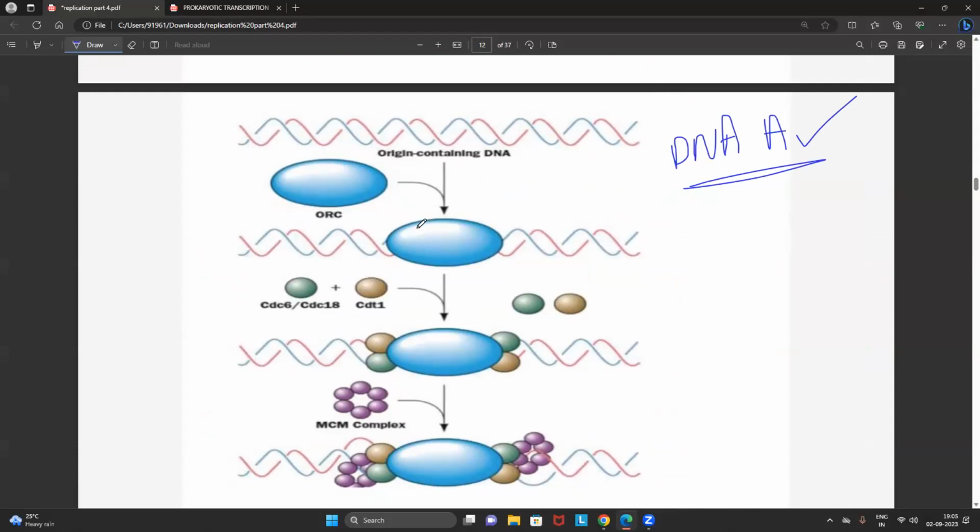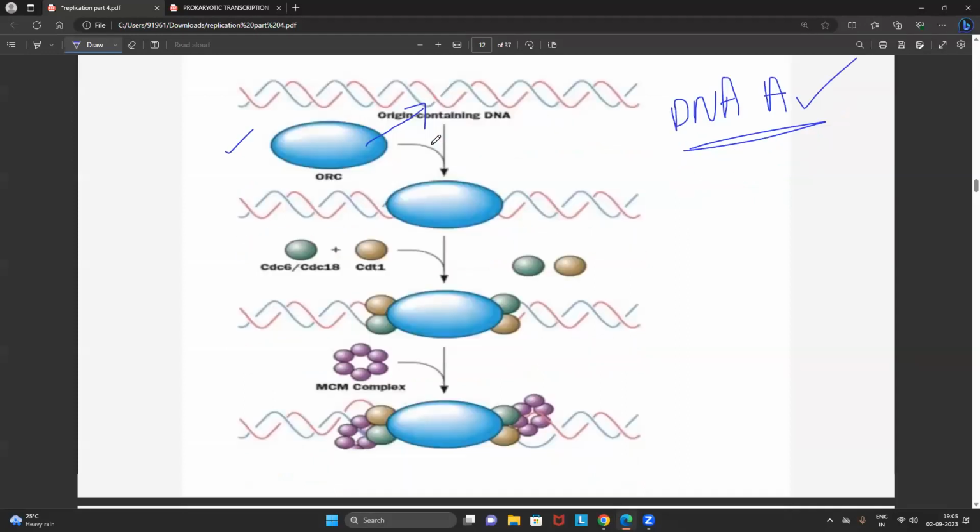And what is the name of the protein that starts DNA replication in eukaryotic organisms? We call it the ORC protein. The ORC protein will go and recognize the replicator region in the DNA.